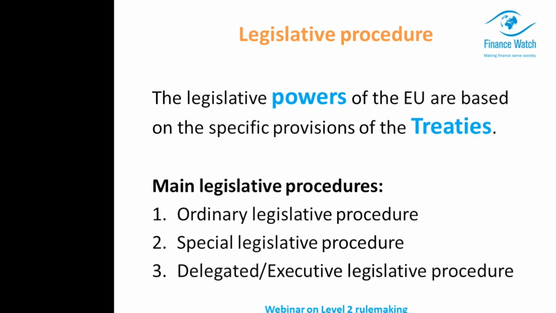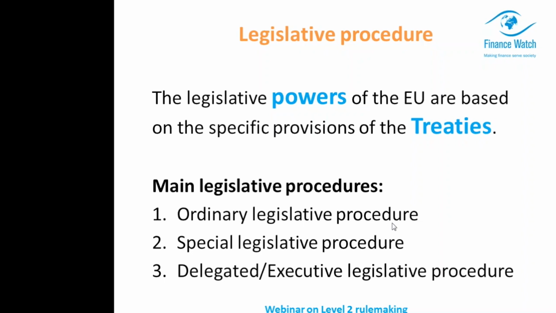The European Commission proposes a draft, which is later discussed and agreed by the co-legislators, the Council and the Parliament. Then we have a special legislative procedure, which can take two forms, consultation or consent, adopted by the Council only after consultation and consent of the European Parliament.